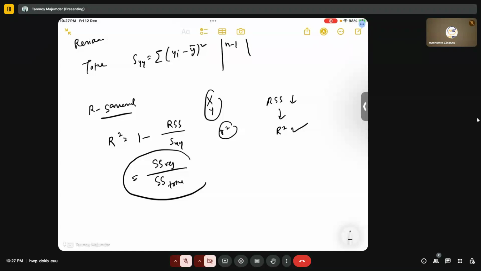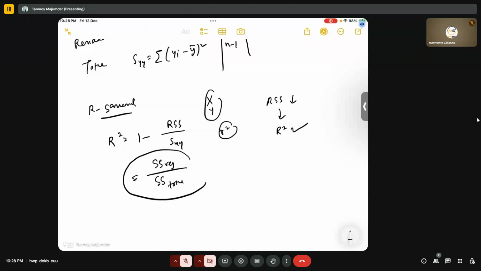Okay, so there is one more term that is called the adjusted R square. Basically, when we have multiple independent variables, suppose we have p independent variables, then we use adjusted R square. When we go to multiple regression, we will see that.